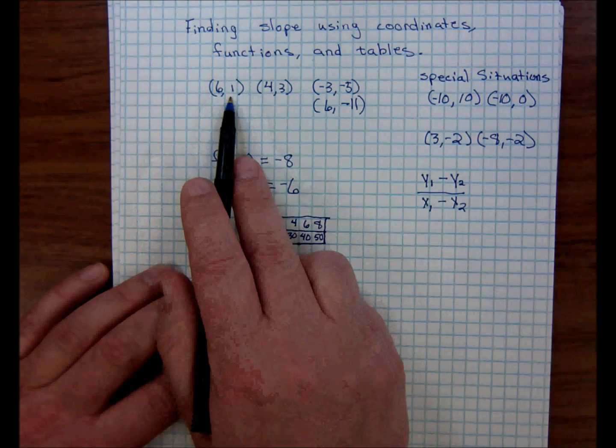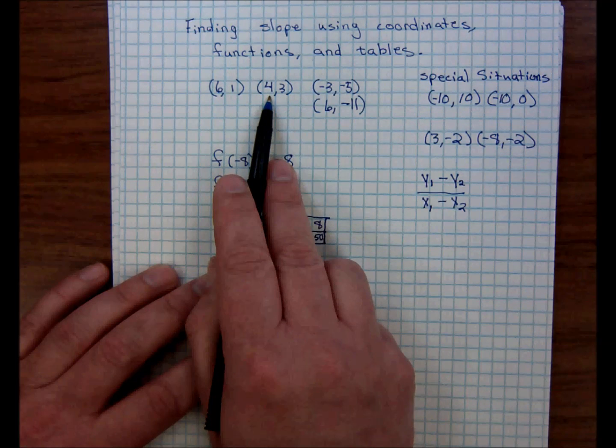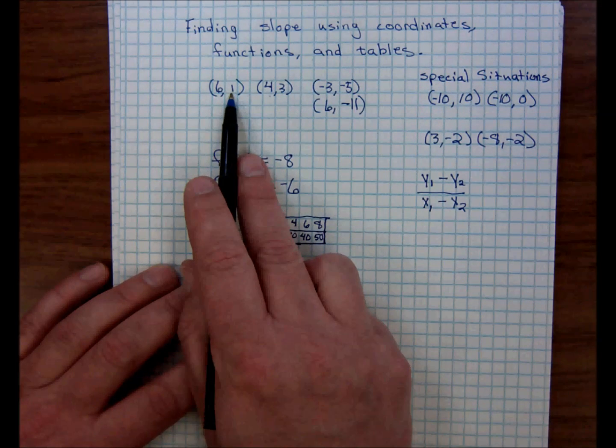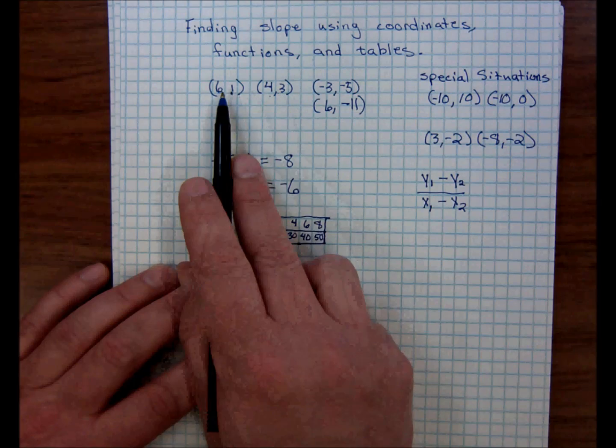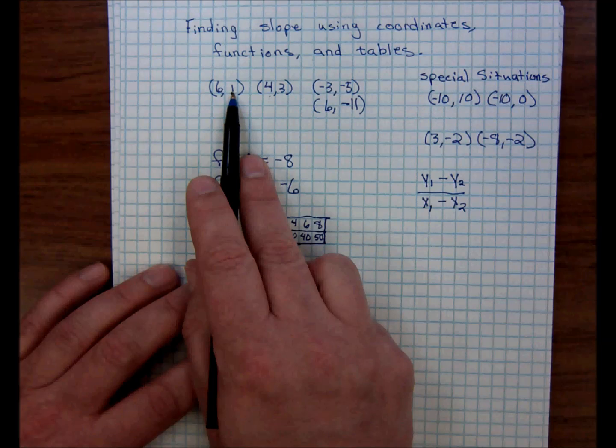We have 6, 1 and 4, 3. So again, it's y over x. Remember, rise over run. Our rise is our y and our run is our x, left to right. So we're going to find the differences between our y coordinates: 1 minus 3.